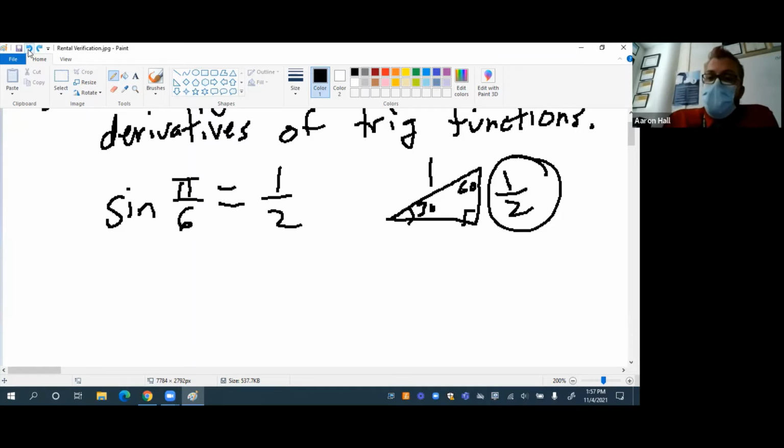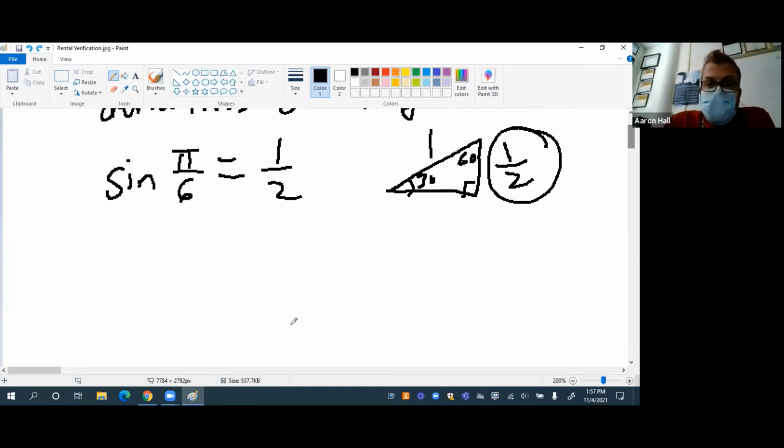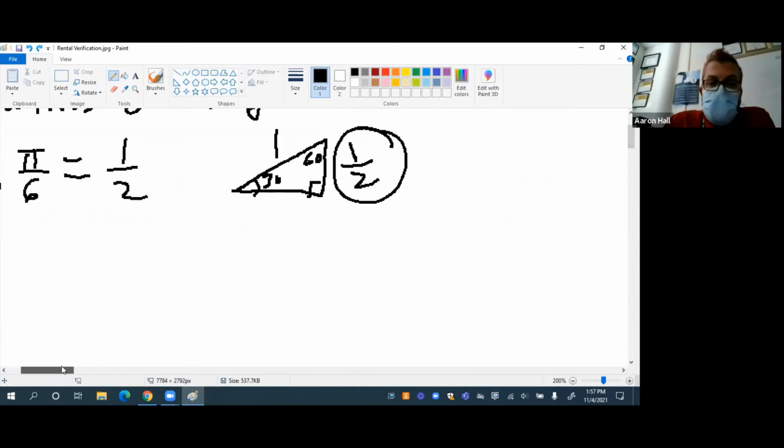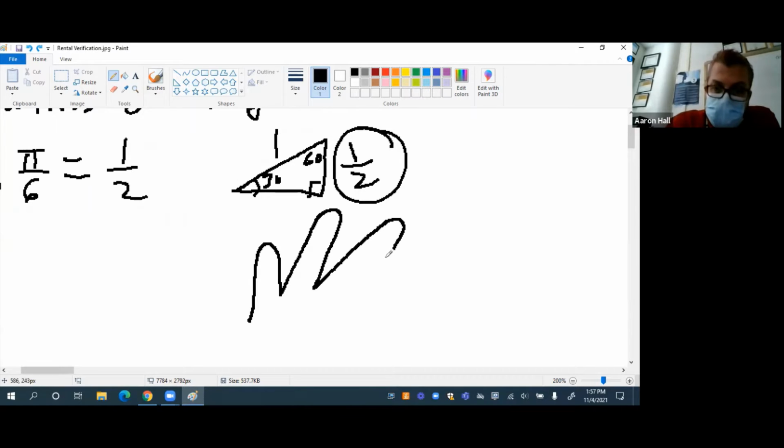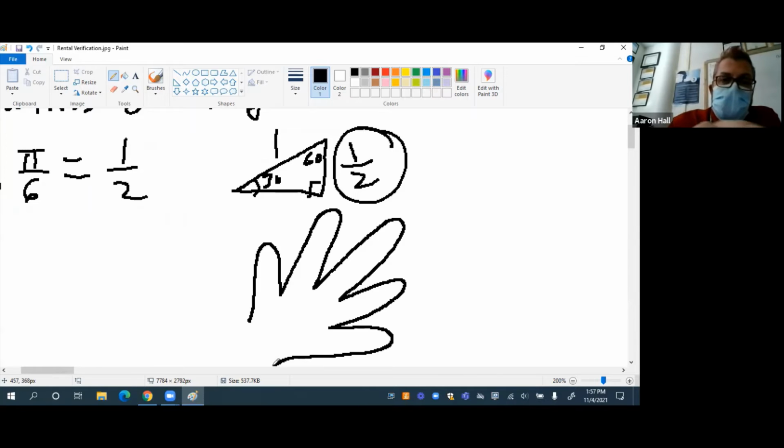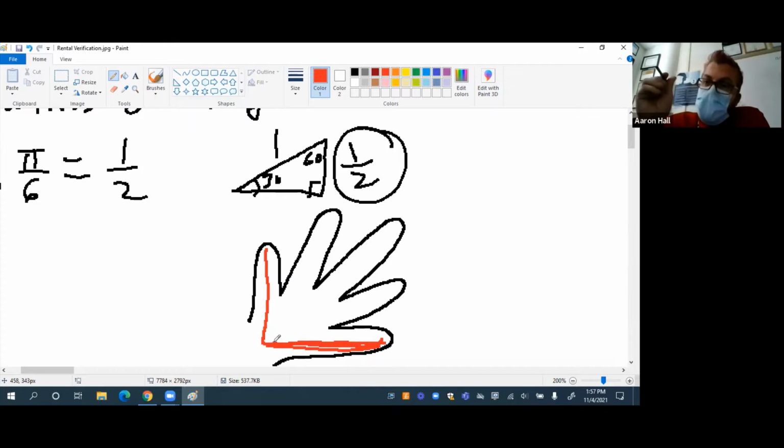But we can also use the hand trick. In fact, that's what I would encourage you to use in this case. Do you remember the hand trick? This is going to be our first quadrant right here, and we always start at our initial side, the positive x-axis.